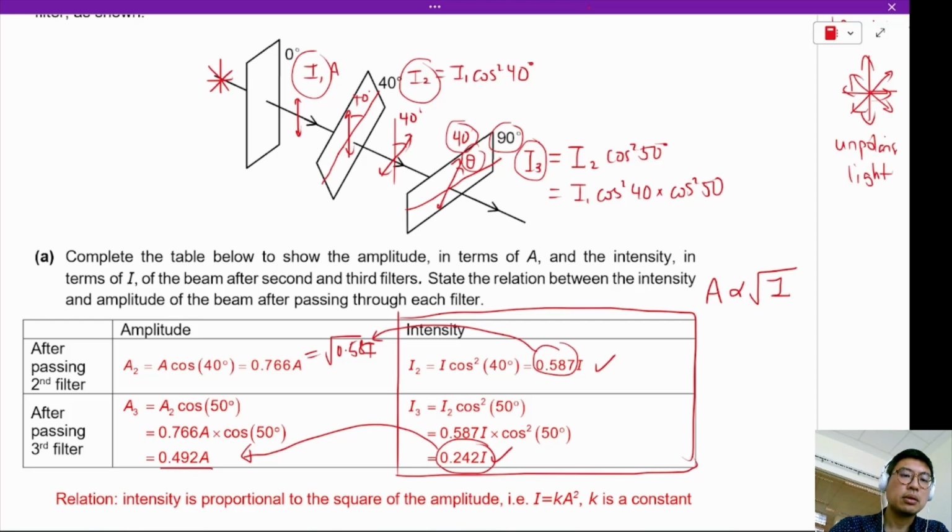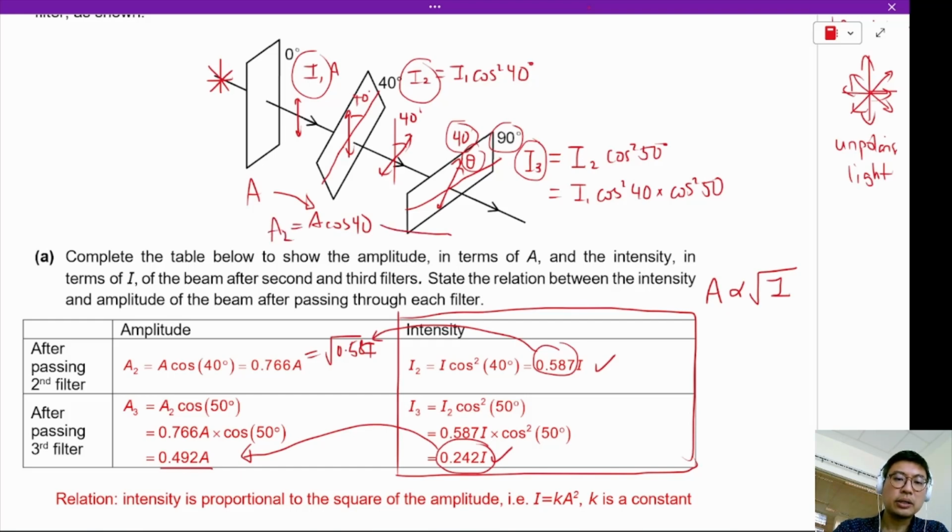The amplitude is A here, and after passing through the first polarizer, it will be the square root of cosine squared 40. It will be A cos 40, because you square root this. That's A2.